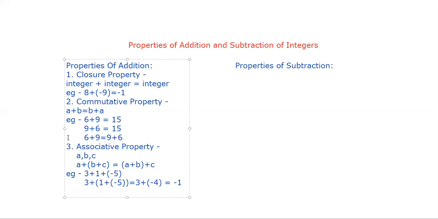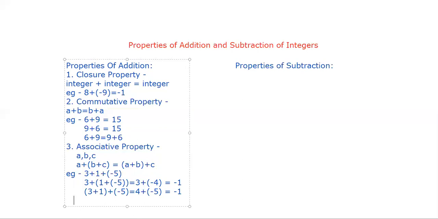But now if I do it like this, 3 plus 1 plus minus 5, it is equal to 4 plus minus 5. And now you can see that the answer is minus 1.